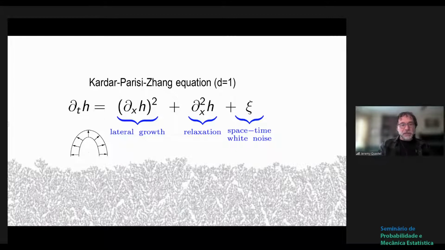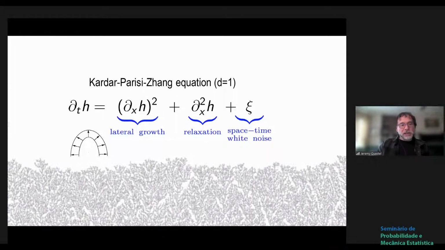But then there has to be something to take into account the fact that the growth here isn't just up, but in the lateral direction. And that's this nonlinear term, this (∂_x h)² term, the square of the derivative. Now, why does the square of the derivative model lateral growth? Well, the growth here is out instead of just up. So if you look at the vertical component of the growth, the vertical component is definitely, just from my little tiny picture here, a nonlinear function of the slope.